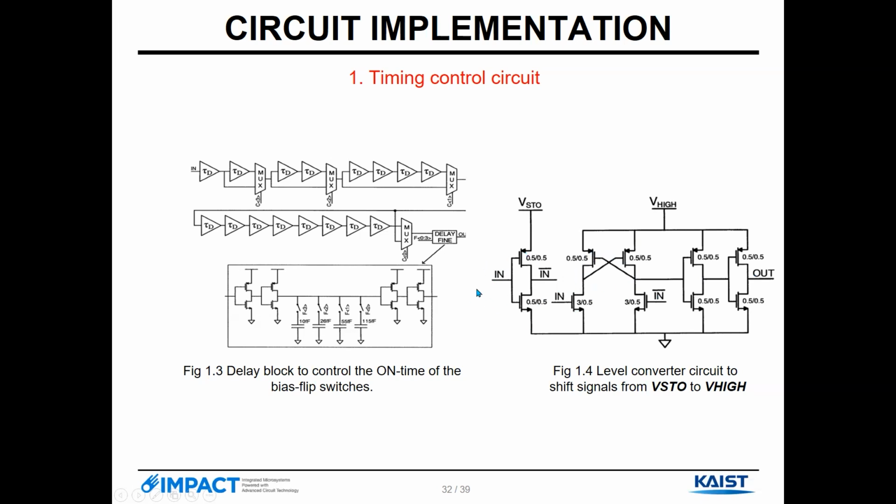And when we put a 0, the low logic, to this, another one turns on, so the output connects to the high signal. This is the way we convert V storage to V high, and when we change the 0 to 1 or 1 to 0, we can change the voltage of the output.